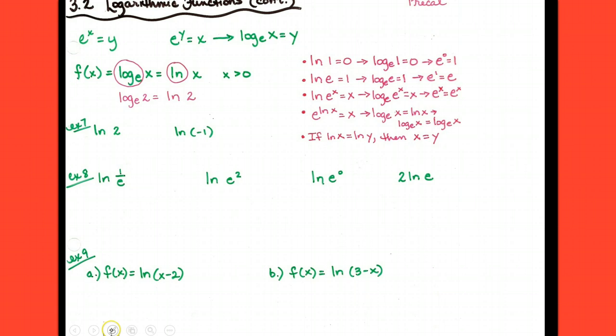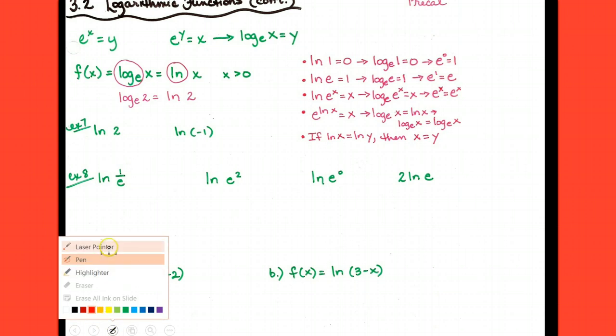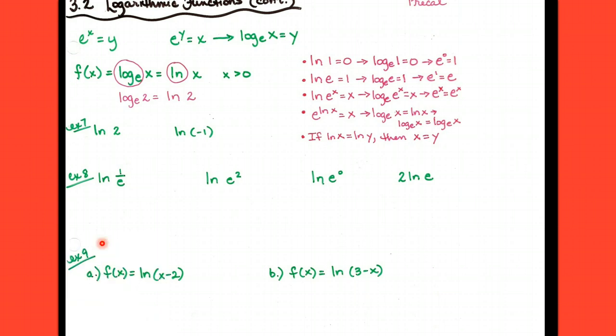So if we go back to the relationship between an exponential and a logarithmic, if we have y equals e to the x, that's the natural exponential function, an exponential function with a base of e. If I switch x and y, because remember for inverses x and y switch places, then I would get x is equal to e to the y.